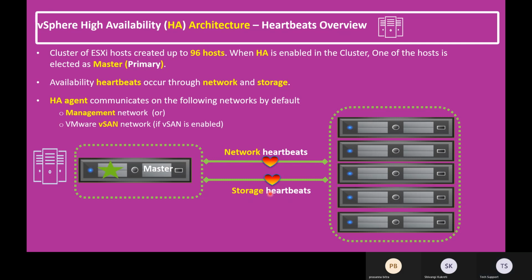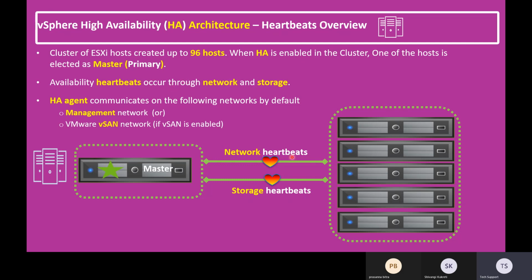Clusters of ESXi hosts can be created with up to 96 hosts. When HA is enabled on the cluster, one of the hosts is elected. Elected means it is chosen as the master, or we call it the primary. Availability heartbeats occur through the network and storage networks.